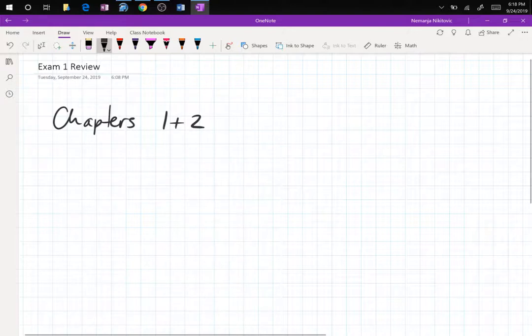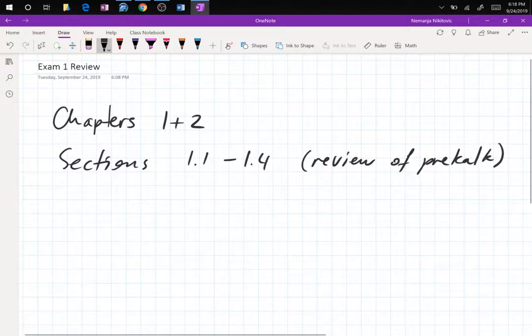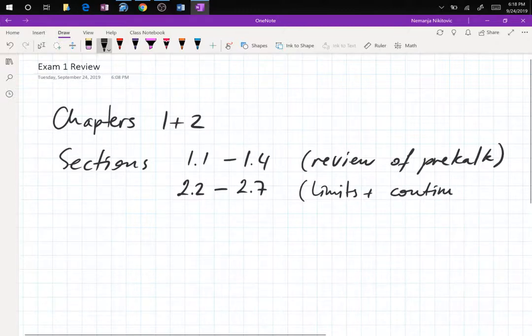So chapters 1 and 2, sections 1.1 through 1.4, which is review of pre-calc, and 2.2 through 2.7, which is limits plus continuity. So that's the material. We covered everything in class and some extra as well.